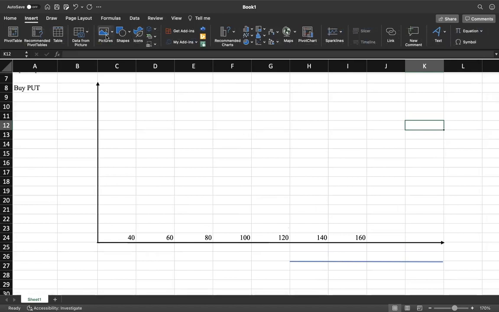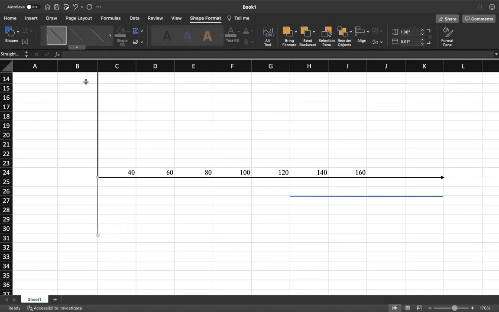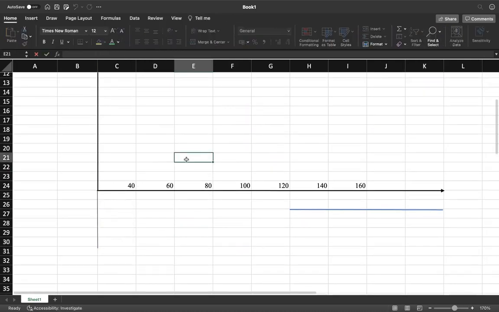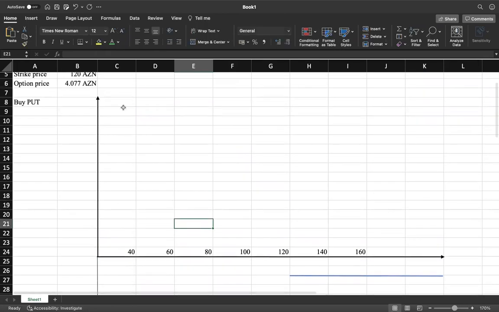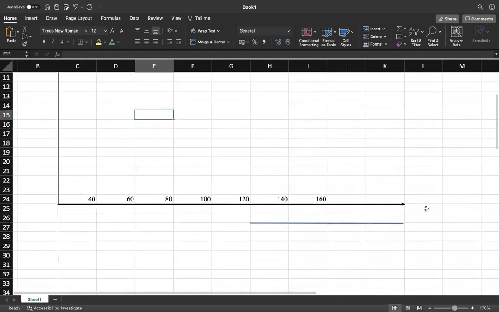Also, let me draw another line. So this is profit. Let me write here, profit. And this is share prices.